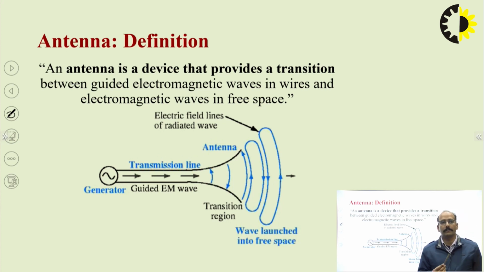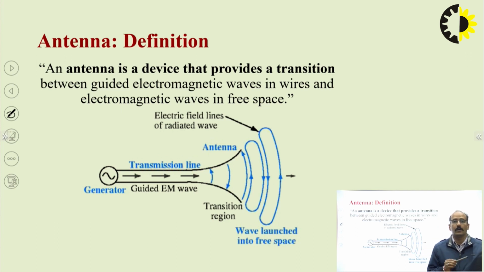So now what will happen? As soon as you provide power here, three phenomena take place in this conducting wire. First, the power applied may be consumed by the wire. Second, the complete power applied may radiate into the environment.